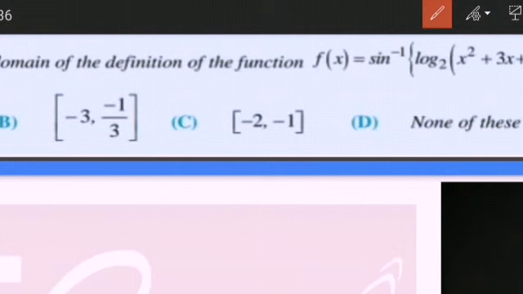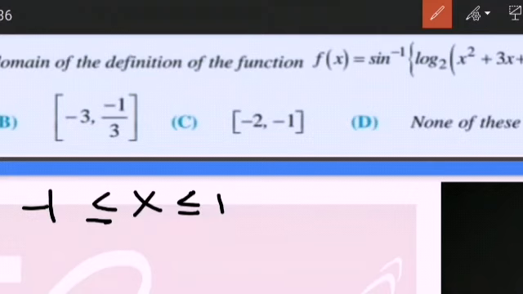As a hint, the domain of sine inverse x lies between -1 and +1. So instead of x, here we have log of x square plus 3x plus 4.